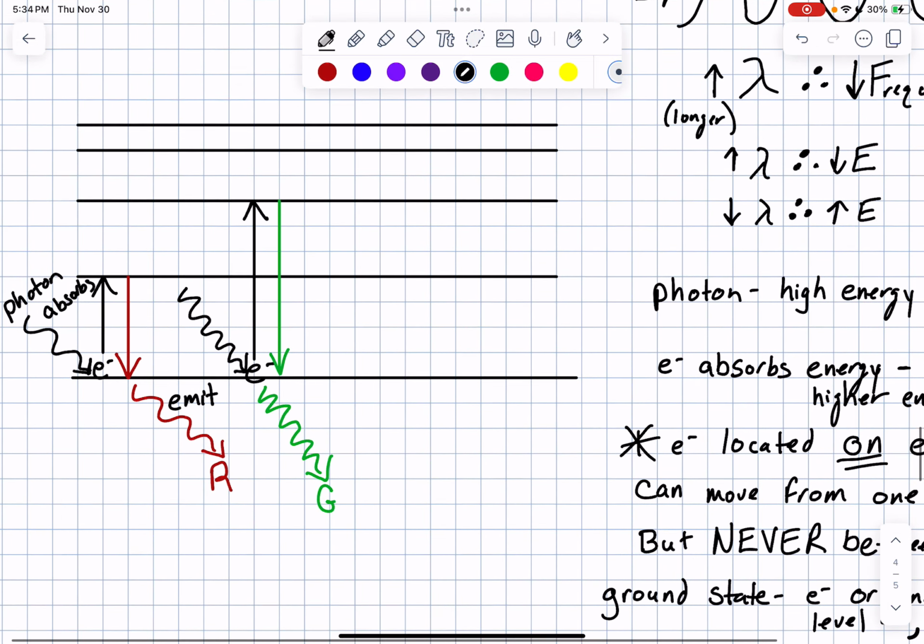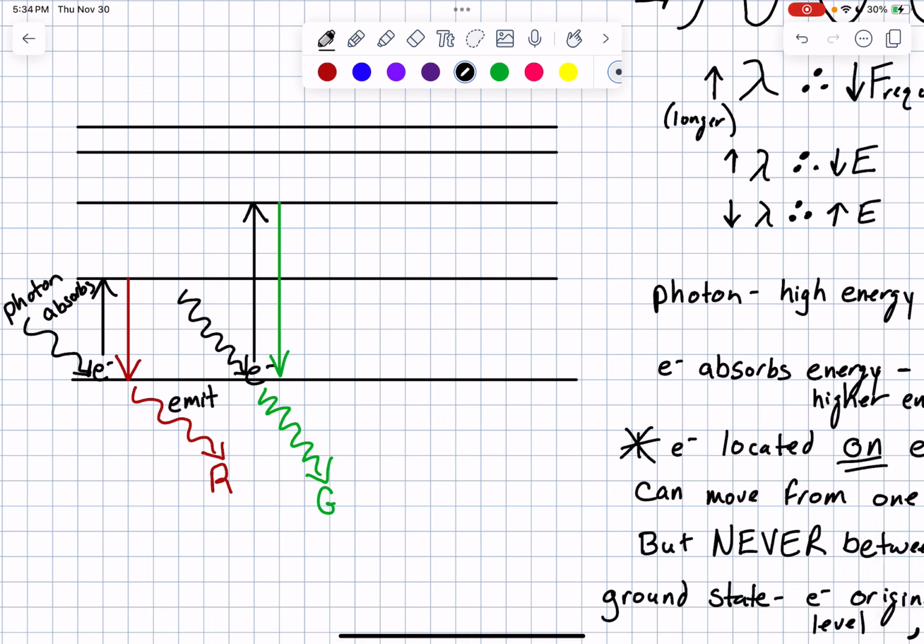Okay? So, again, my electron absorbs the photon, jumps up to a higher energy level, emits the photon as a visible color depending on the amount of energy that was absorbed when it returns to ground state.